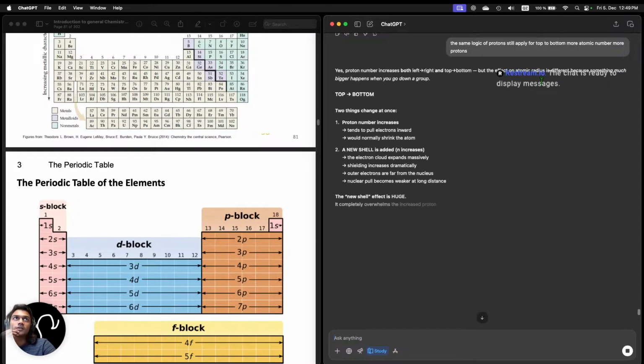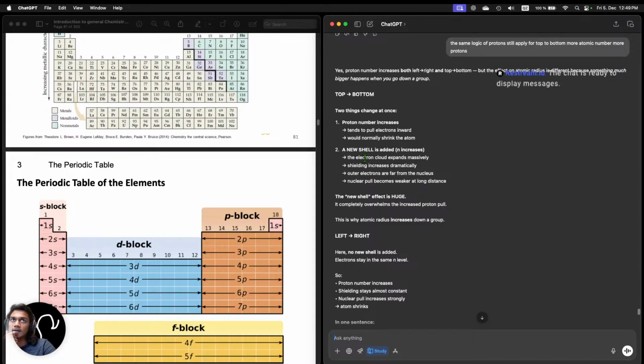But the effect on atomic radius is different because something much bigger happens when you go down a group. Proton number increases tend to pull electrons inwards, which would normally shrink the atom. But a new shell is added.